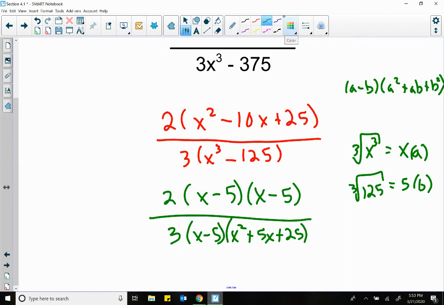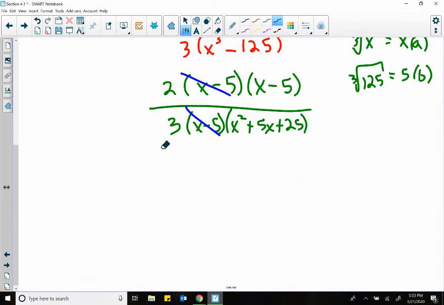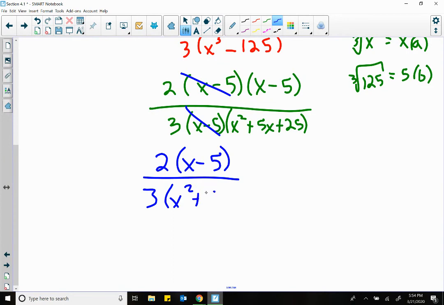Is there anything in common from top to bottom? Absolutely. This x minus 5 and this x minus 5 are going to cancel out. And that's it. What do we have left? We have 2 times x minus 5 all over 3 times x squared plus 5x plus 25.